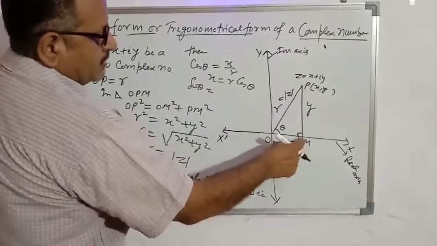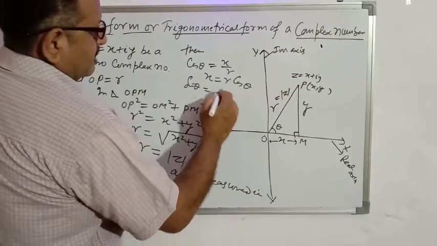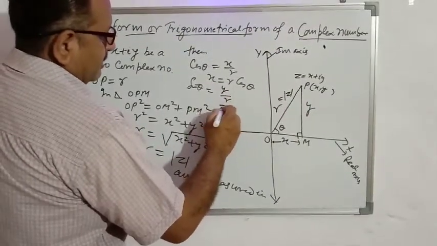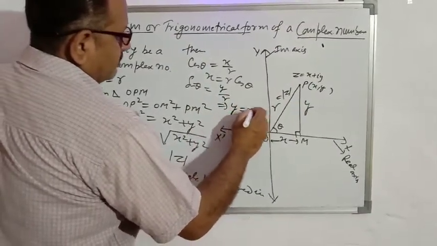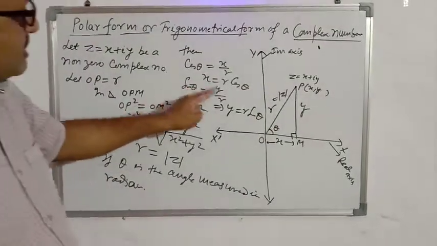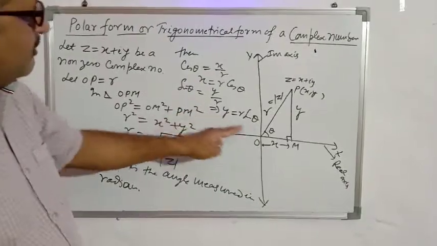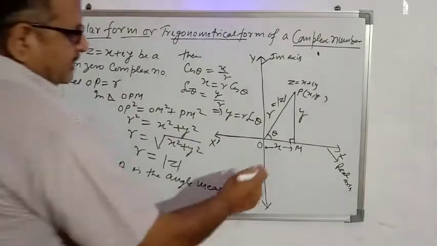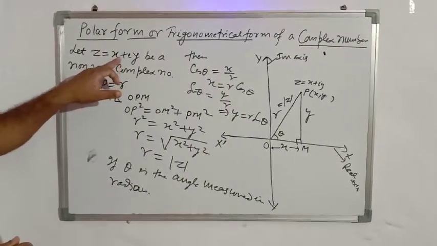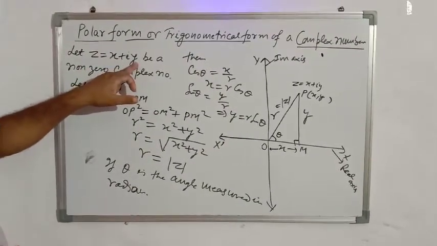The perpendicular is PM, the hypotenuse is r, the perpendicular is y, so y by r. So we will get y is equal to r sin theta. So x is r cos theta and y is r sin theta.